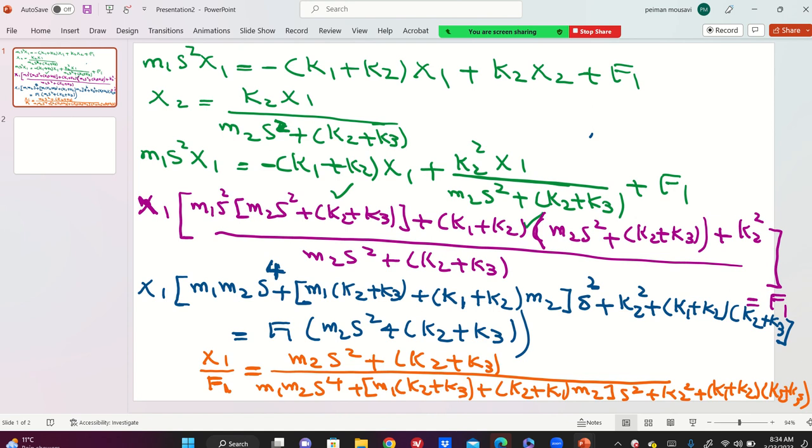Okay. Now let me think. M1 and M2, they are both 1 kilogram, for God's sake. And K1 equals to K2 equals to K3 equals to, I don't know, 100 Newton per meter. They are equal things, that's right. So if you're done, let me know.